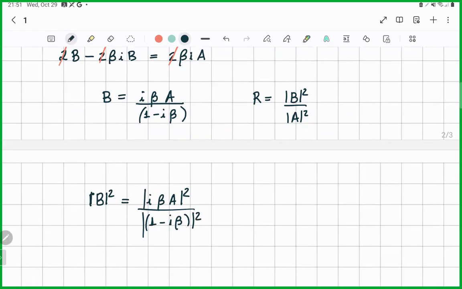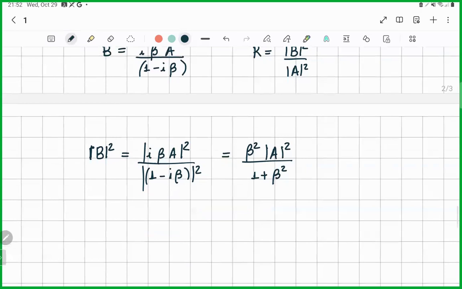The absolute value square of I is 1. So we have here beta square and A square, and in the denominator, we have 1 plus beta square. If this doesn't come quickly to you, let's show it. This is what is in the denominator.